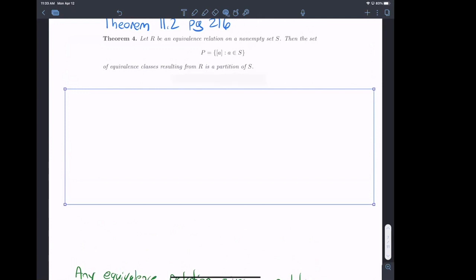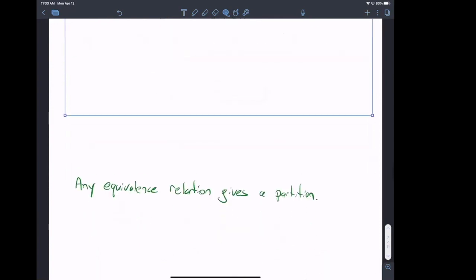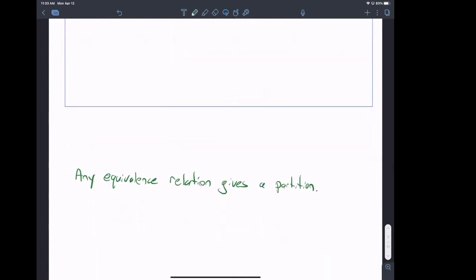So let's just go through the proof here. Again, what we're trying to show, if you think about a partition, I had it on the previous slide, is that each part is non-empty.